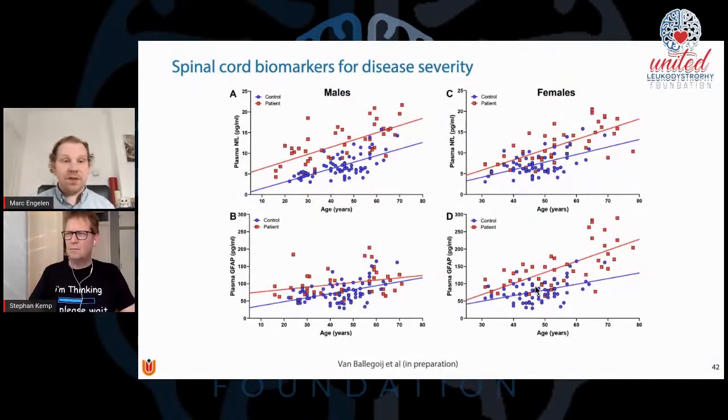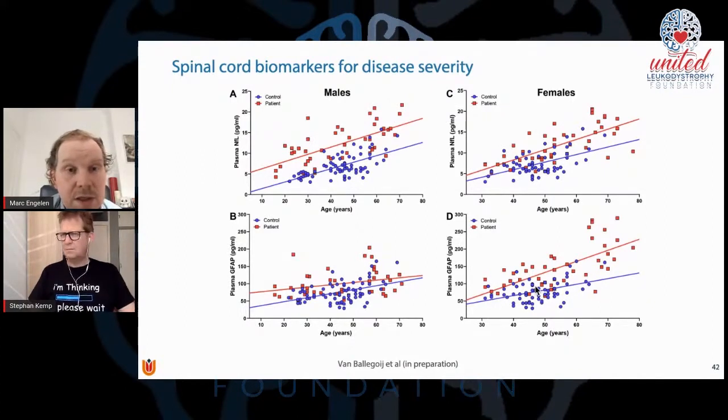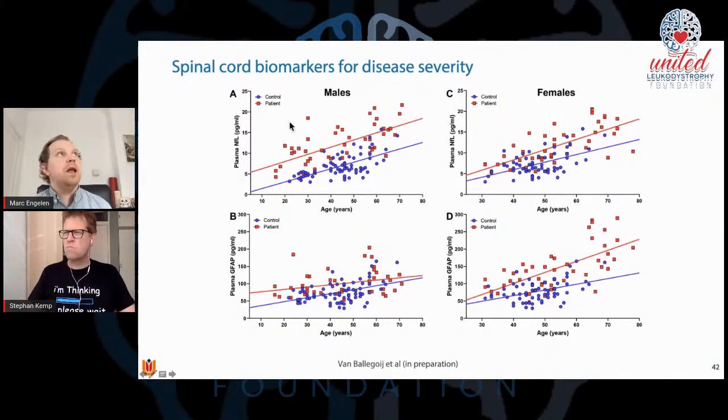Right. Now, this is, I think, almost the final slide. It would also be great, of course, if you could just take a blood sample, measure something, and get an idea about disease activity. And this is a graph. Let's see, I think we only have to look at A and C. There's a little protein called neurofilament light, and that is released into the bloodstream if neural cells are damaged.